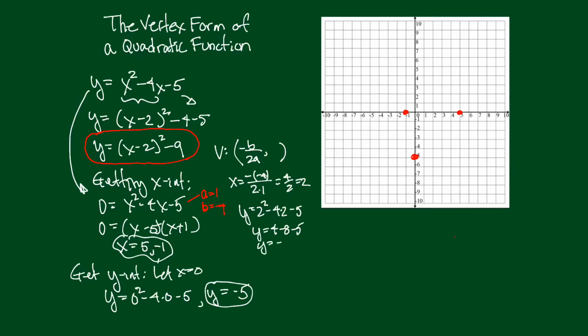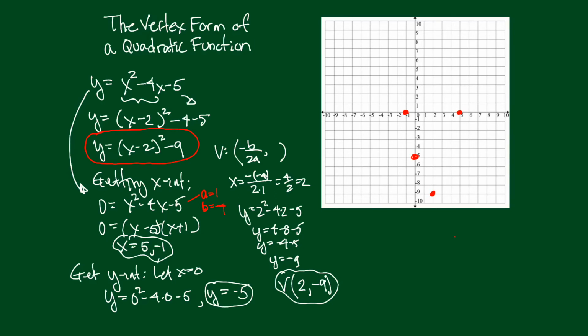So y is what? Negative 4 minus 5. Y is negative 9. So the vertex occurs here at x equals 2, y equals negative 9. I'll circle that so I can find it. So let's put a point at our vertex. So at 2, negative 9, we'll go over 2, down 9. Let's put a point there.